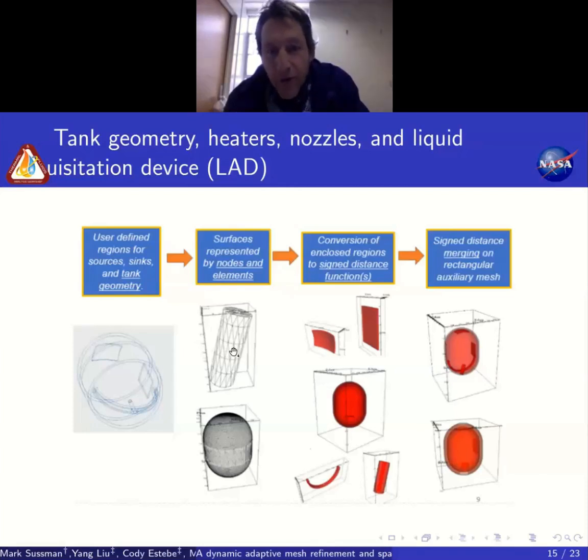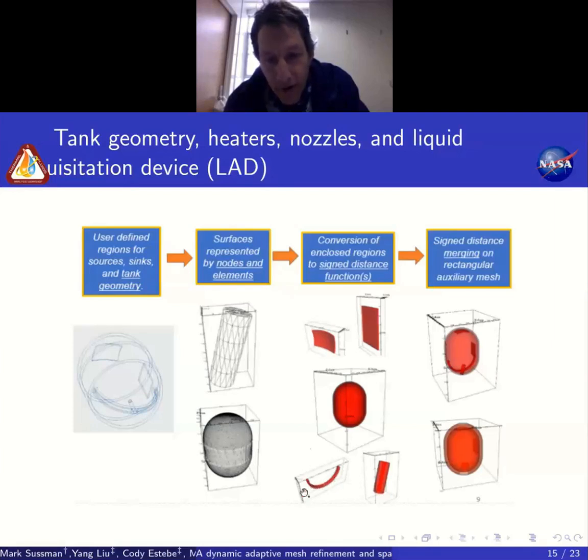So boundaries are represented in our code using a coupled level set moment of fluid method. For example, here is the Lagrangian representation of an inlet nozzle. Here is the Lagrangian representation of the tank.